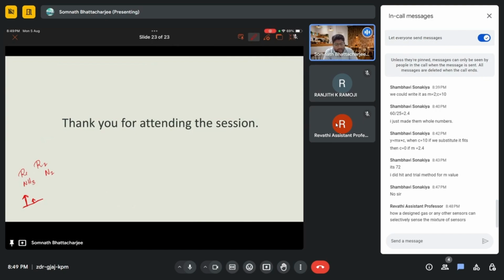I will explain it like this. We have an enzyme called glucose oxidase for glucose sensing. Whenever we are trying to sense glucose, we have a specific thing that is glucose oxidase.